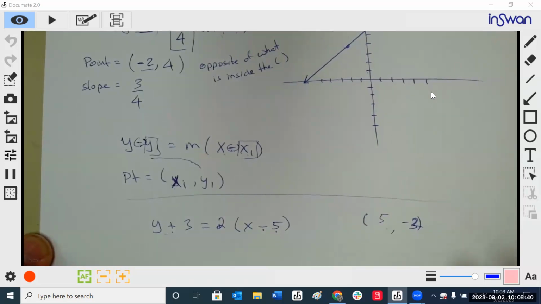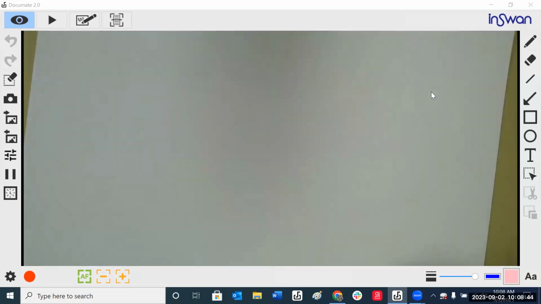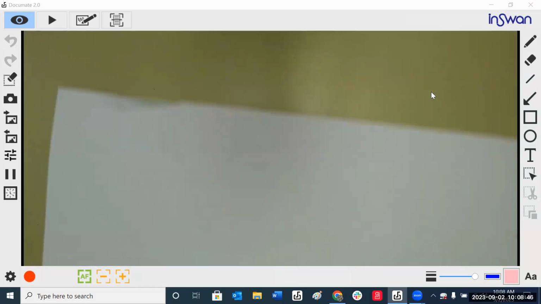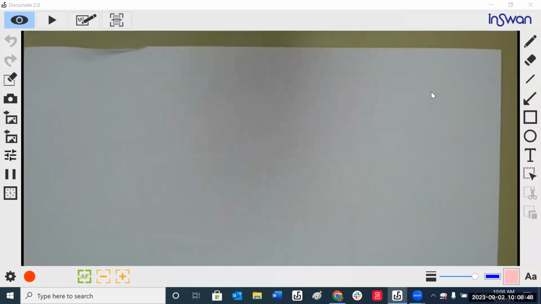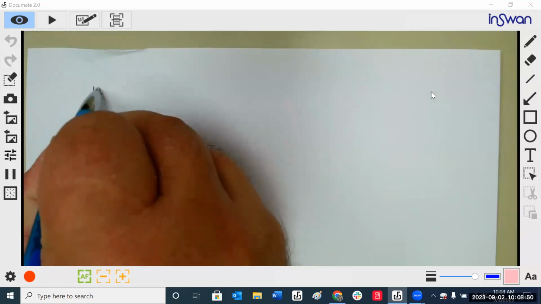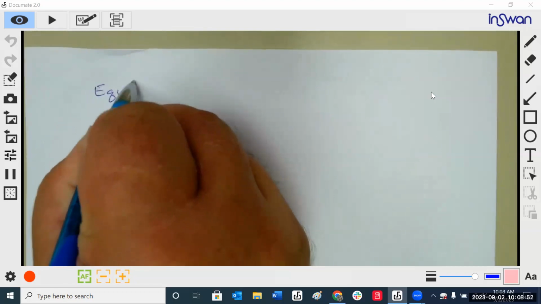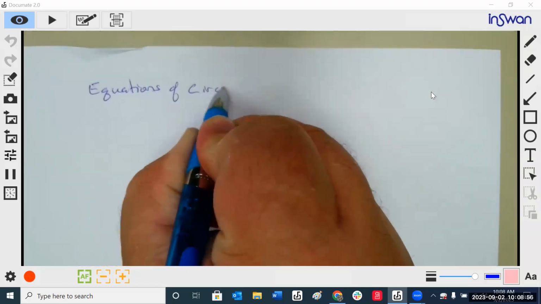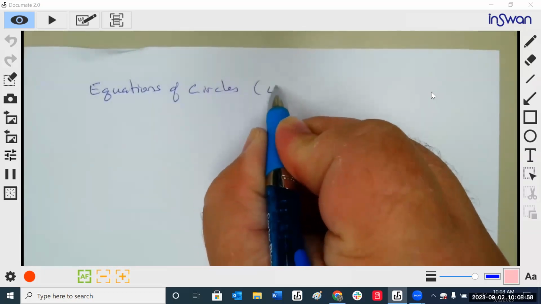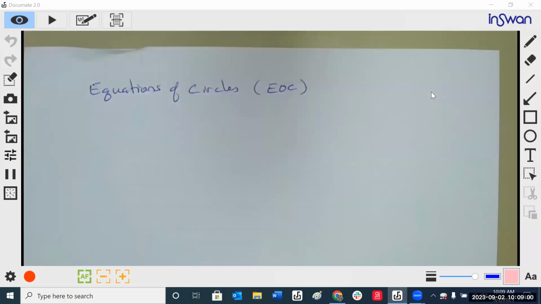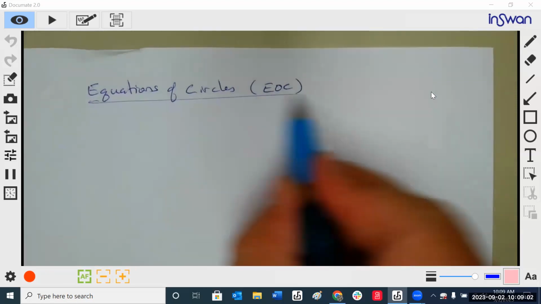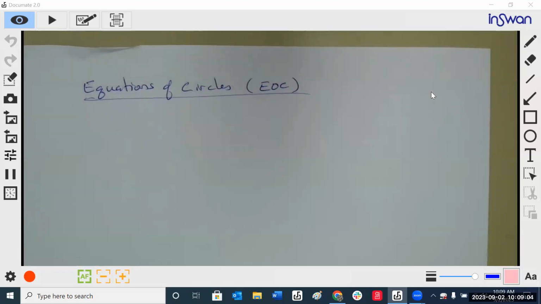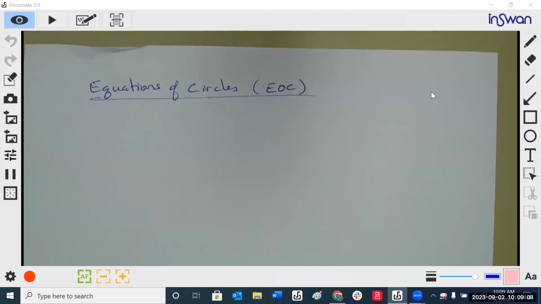Circles. Because we're going to go the total opposite, away from lines to circles. What is a circle?